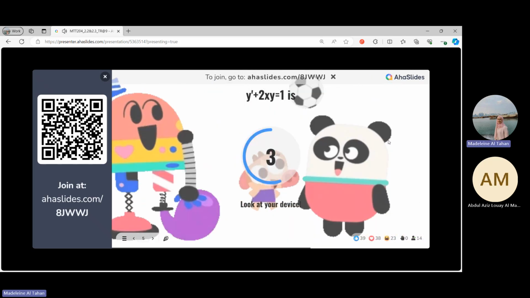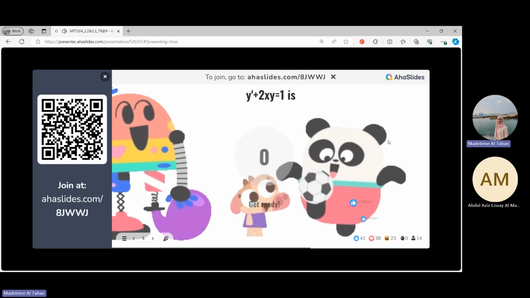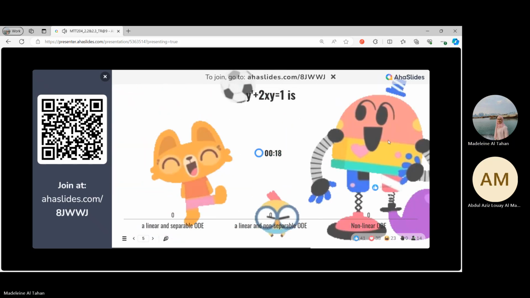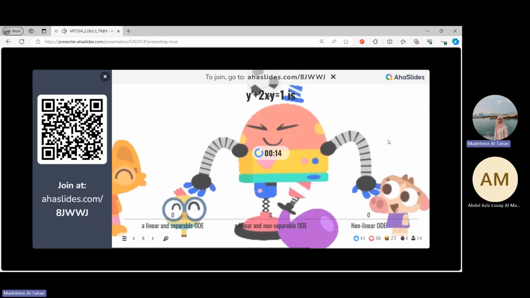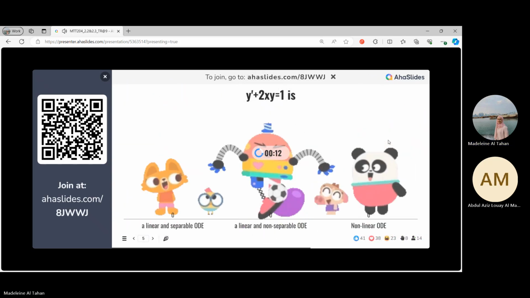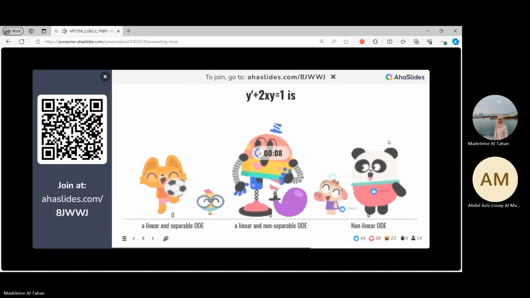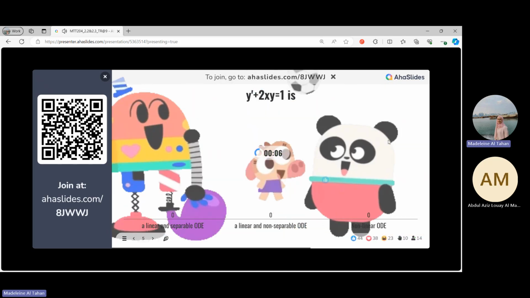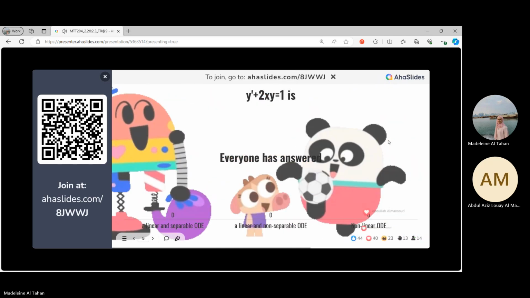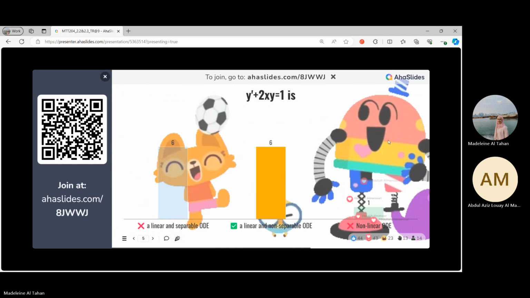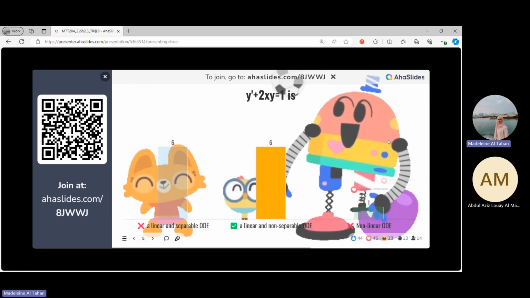y prime plus 2xy is linear and separable, linear and non-separable, or non-linear? Okay. So why isn't it linear?